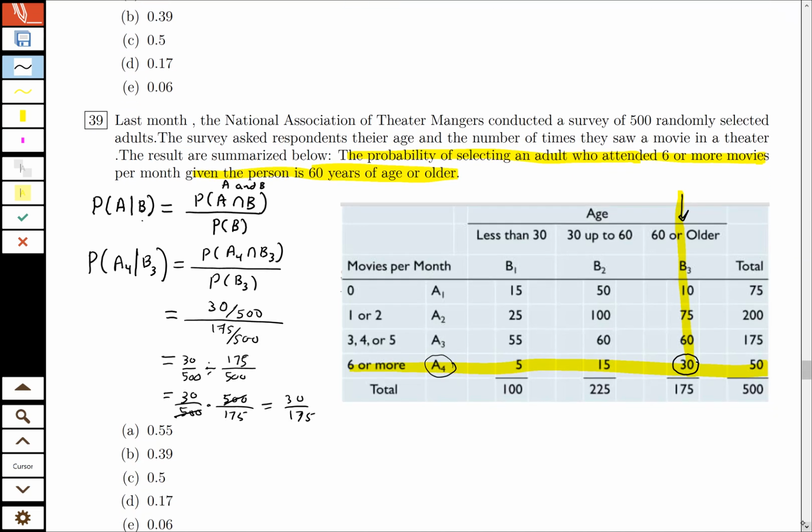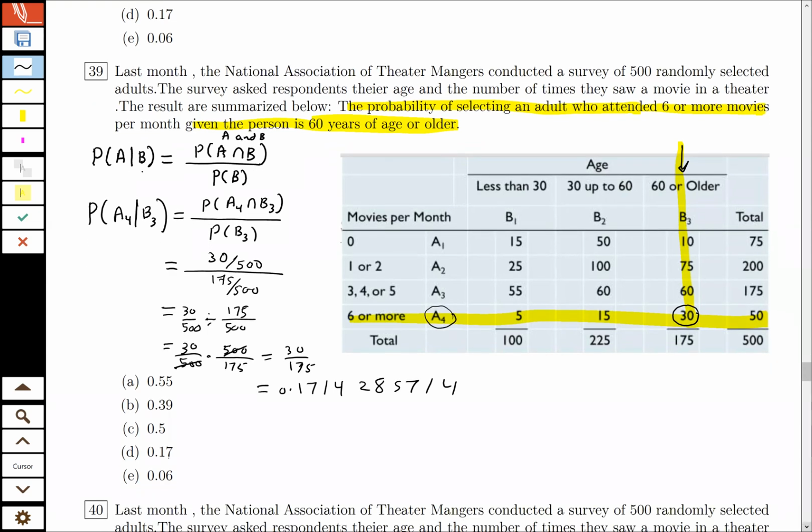If you calculate 30 divided by 175, you will get in your calculator 0.1714285714. And as we said, if we look in the choices, it's only 2 digits. So we look at the third digit. If it is less than 5, we just say that is 0.17. So the answer is 0.17.